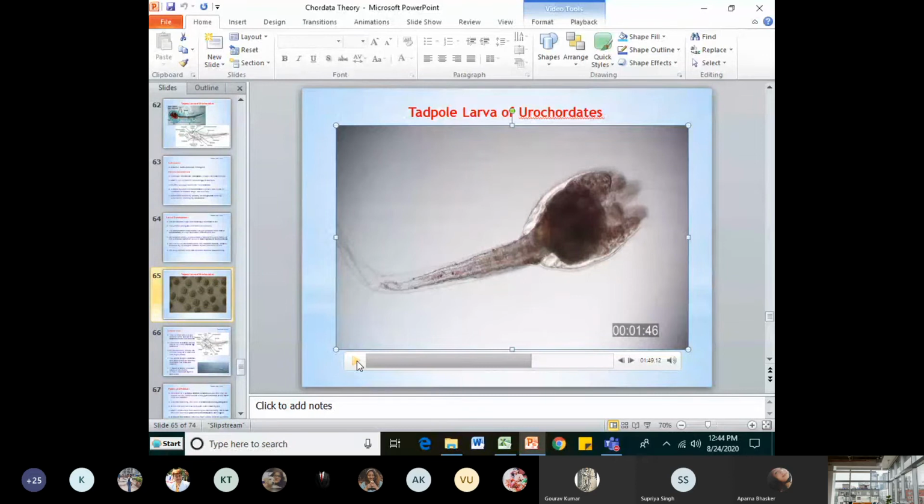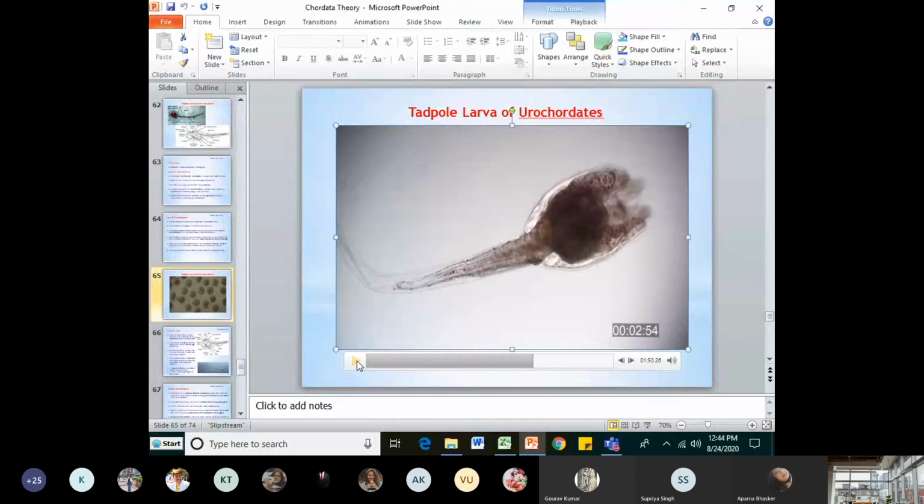These changes are called retrogressive because the larva was more advanced, because it was having notochord and gill slits, and dorsal tubular nerve cord and many other advanced features.